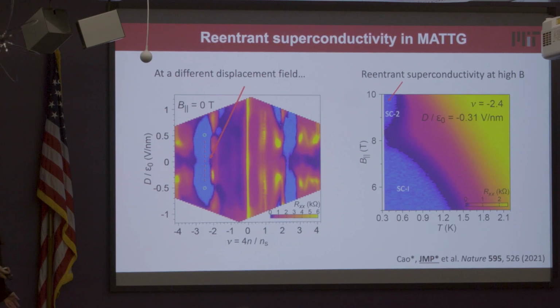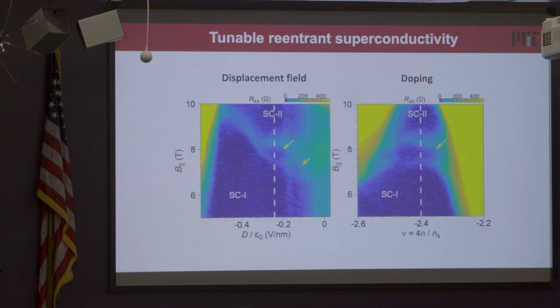I won't say it's spin triplet or anything. It could be many different things, but it's unlikely that it's a simple spin singlet structure based on this evidence. And you can also tune the reentrant superconductivity as a function of both the displacement field and the doping with our in situ tunability of both parameters.